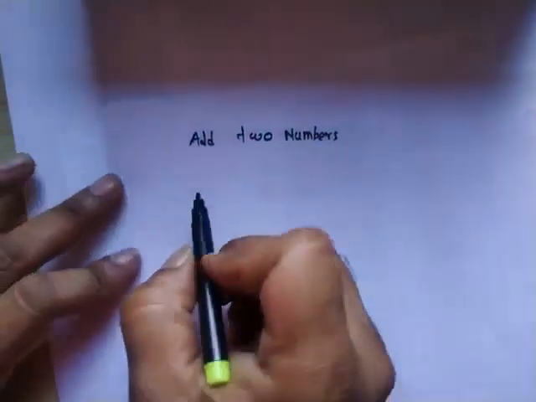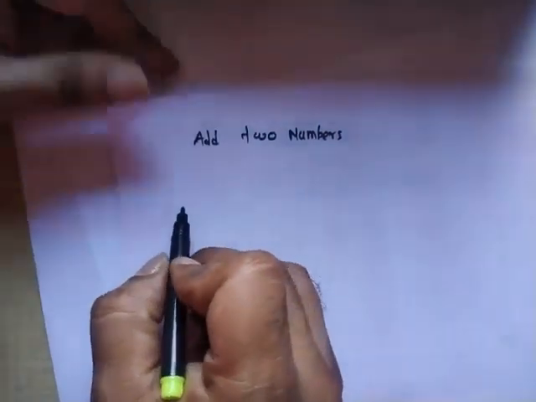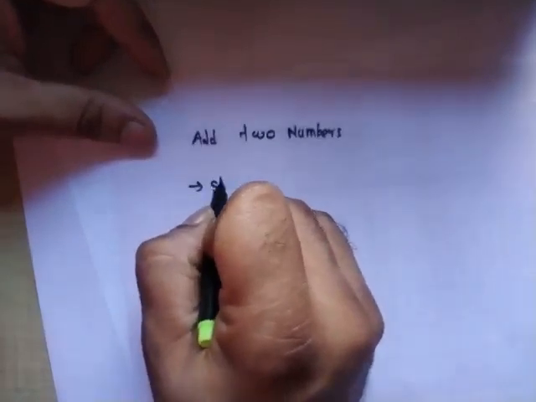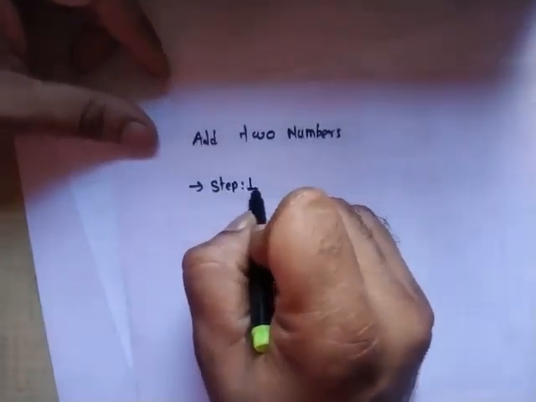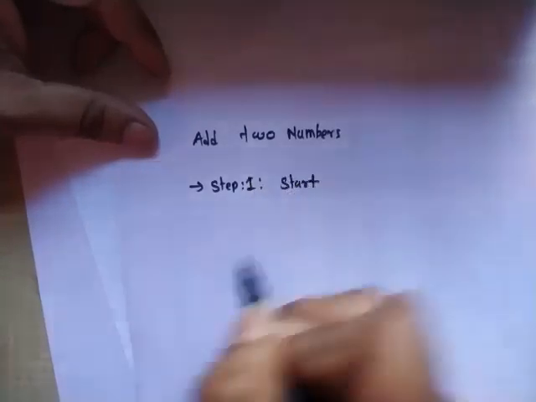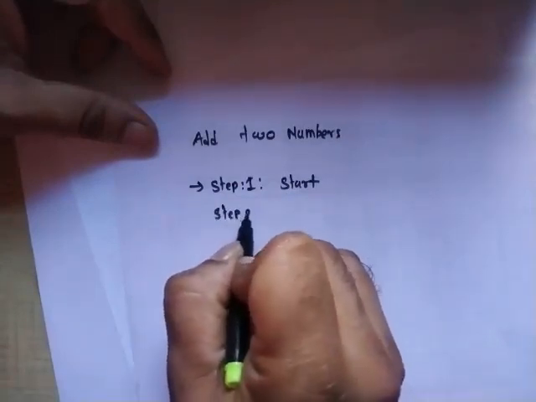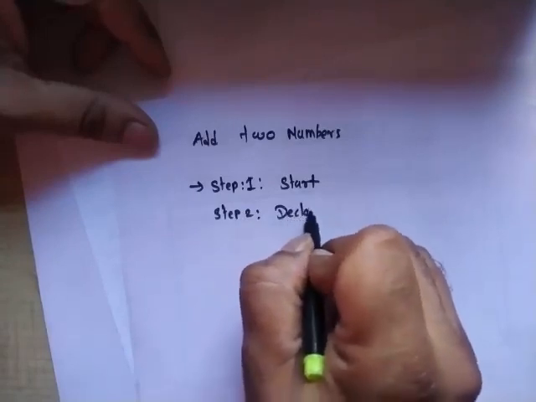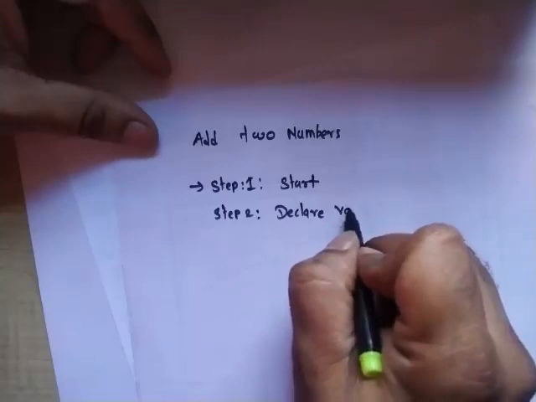How do we write the algorithm? Step 1, start. Step 2, declare variables.